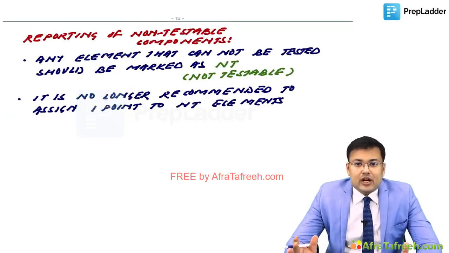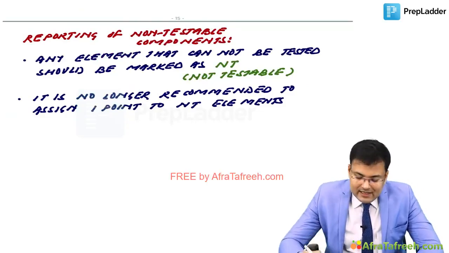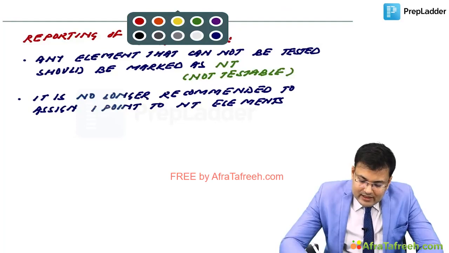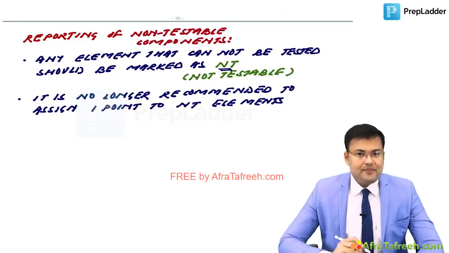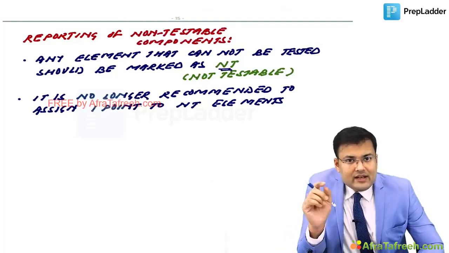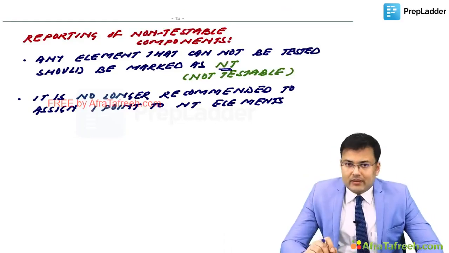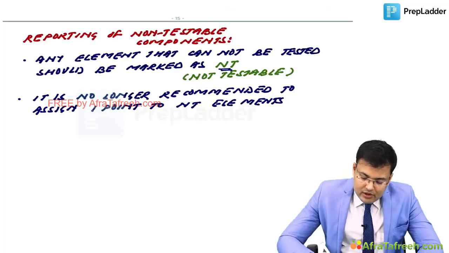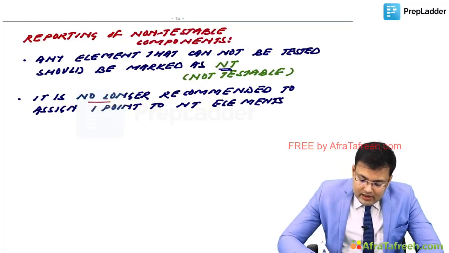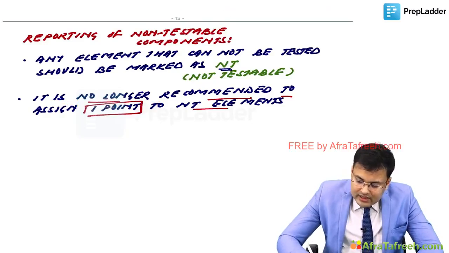Any element that cannot be tested should be marked as NT, that is, not testable. Initially it was said that we are supposed to assign 1 point to this non-testable element, but nowadays it is no longer recommended to assign 1 point to a non-testable element.